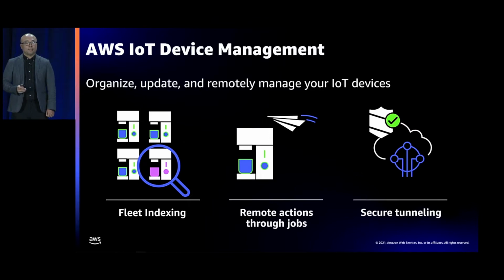With secure tunneling, you can securely access devices behind a network firewall to remotely troubleshoot an issue. Together, these device management components enable your developers to build and maintain your own custom applications for managing your fleets of devices.